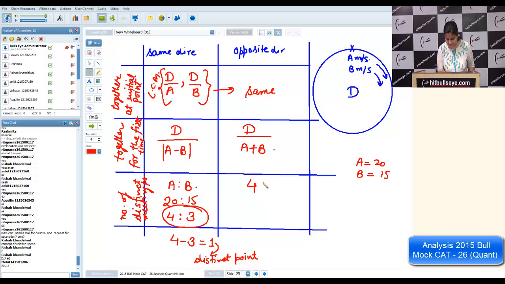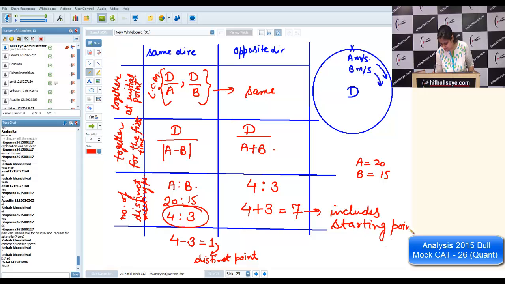Now in the opposite direction case, you will add up the lowest ratio, which comes out to be 7. So they will meet at 7 distinct points of the track, and these 7 points includes starting point. It means except the starting point, they will meet at 6 distinct points.